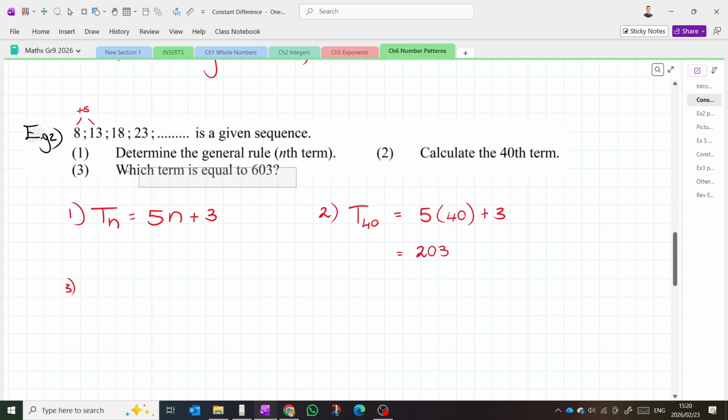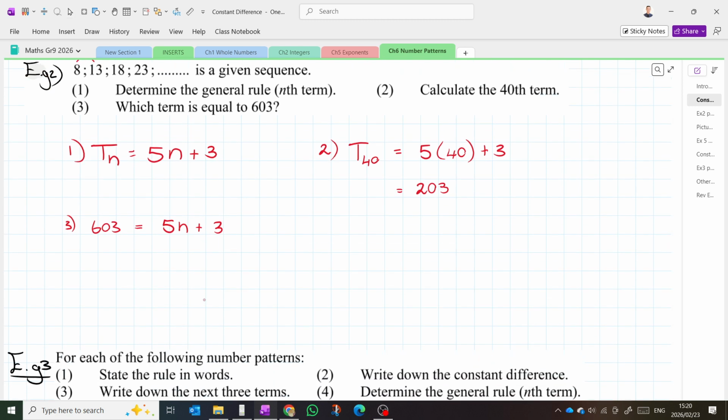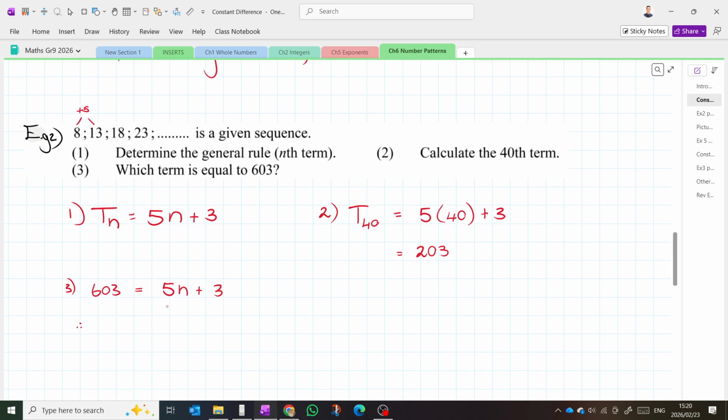And again, lastly, if they ask you for which term is equal to a specific value, you have to set that value equal to your general solution. So I'm going to say 603 is equal to 5n plus 3. And then we have to solve the equation. So the n needs to get onto its own. 3 is going to go across and we're going to subtract it, which is going to leave us with 600.